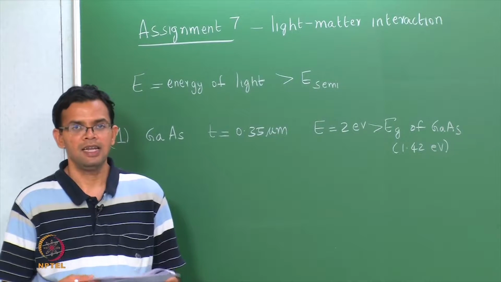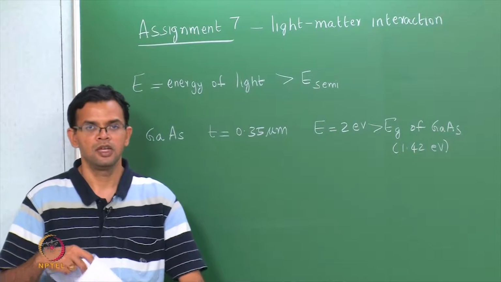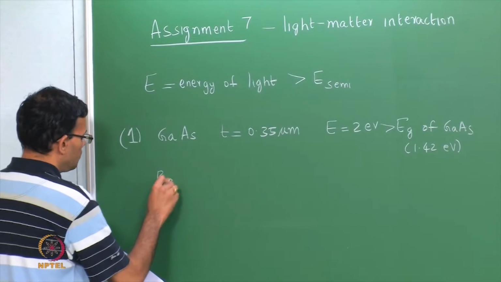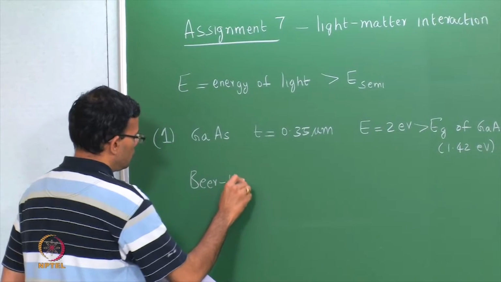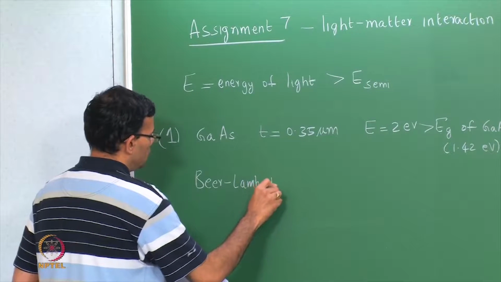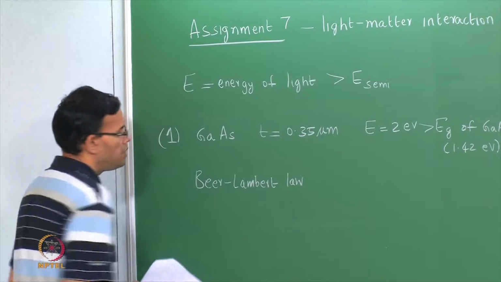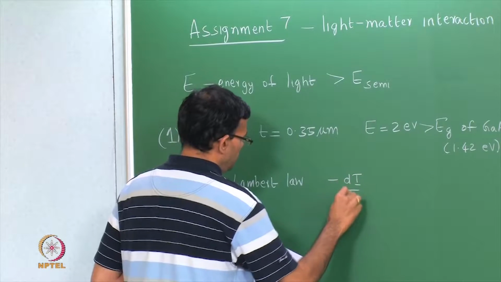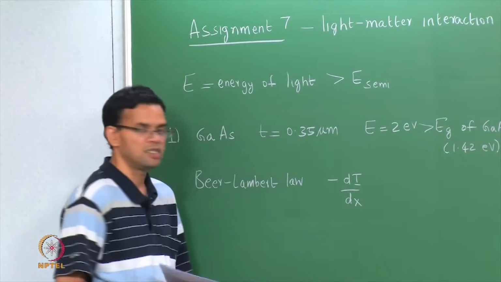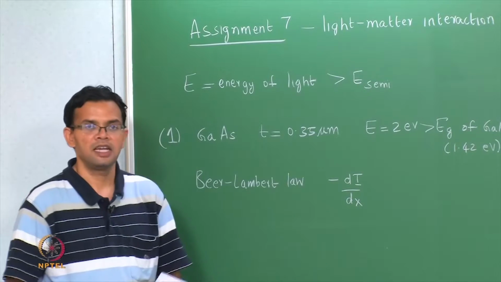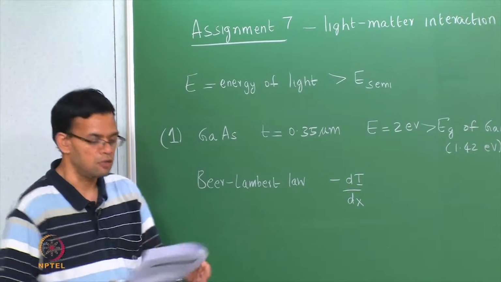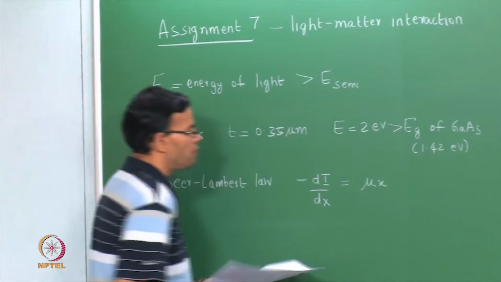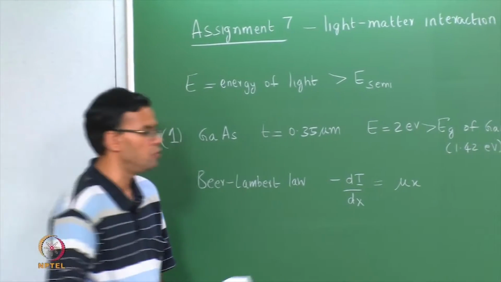When we look at light absorption through a material, we basically go back to the Beer-Lambert law. The Beer-Lambert law says that the change in intensity over a small distance dx, and there is a negative sign because the intensity actually goes down, is directly proportional to x, and the proportionality constant is called mu.